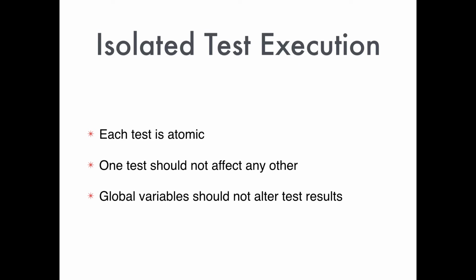Okay, so just before I mentioned that Tropic has isolated test execution. What does it actually mean? In an ideal world, each test would be atomic, and no test should affect any other test, which means that if you define some global variable, it should under no circumstances alter the test results.